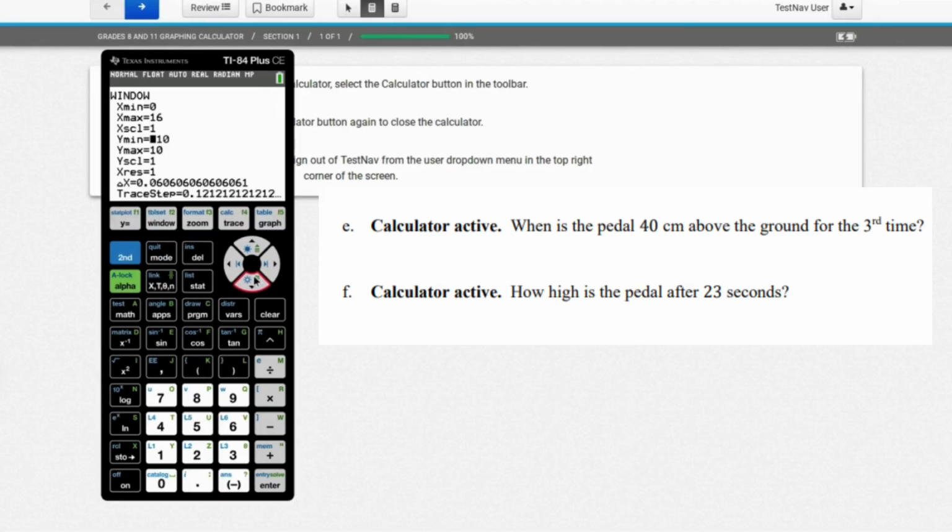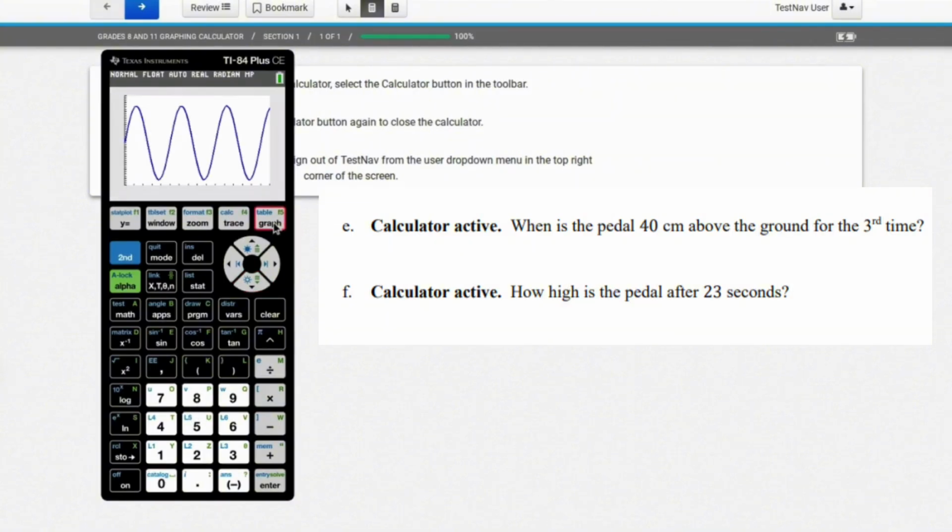The y minimum was 12.5, so we'll keep the y minimum at regular 10. Okay, and our graph, the maximum was, what was it? I don't remember. It was like 40 something, so maybe if we leave it at 50, I think we'll be okay, and we'll always come back and check. There we are. So that worked out just fine.